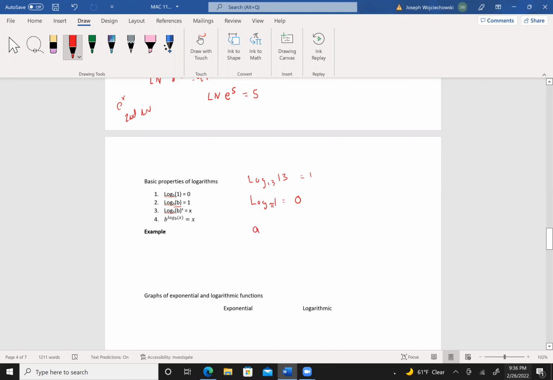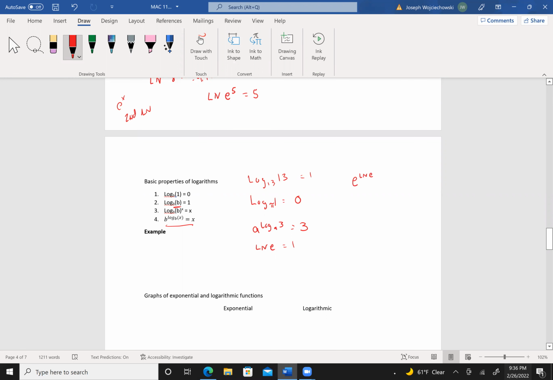How about a to the log base a of 3? Well, that matches this one here, which is simply 3. How about the natural log of e? Well, remember the base. So we're still looking at this, which is 1. How about e to the natural log of 6?